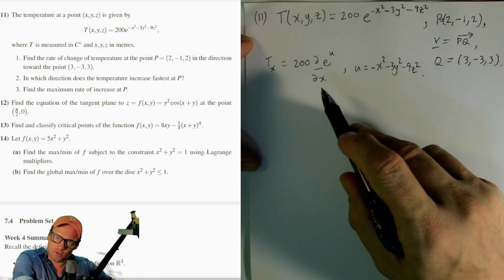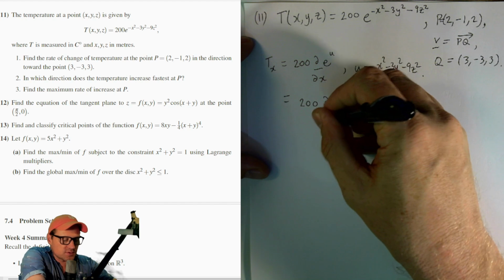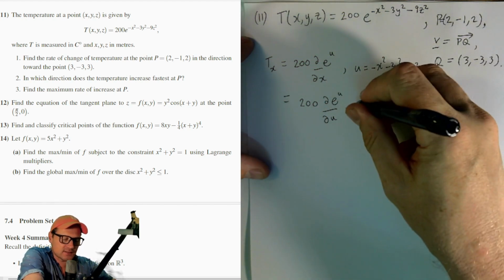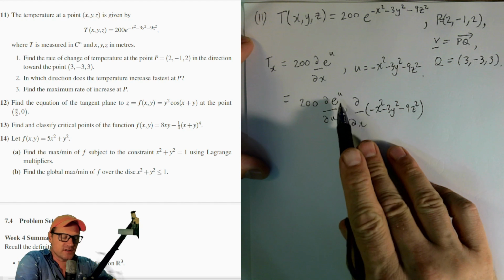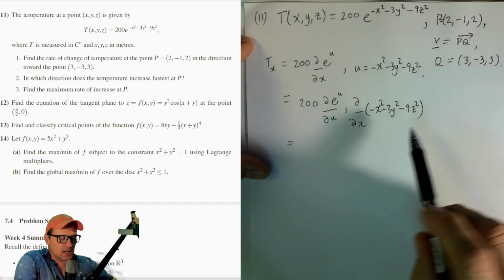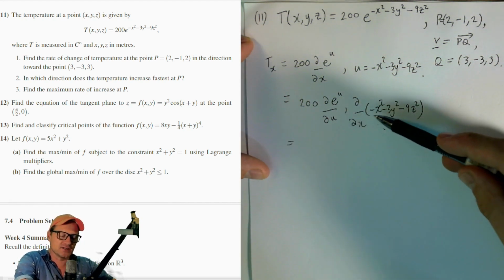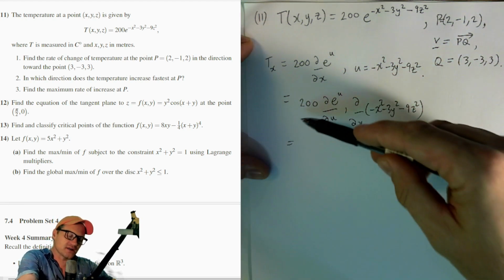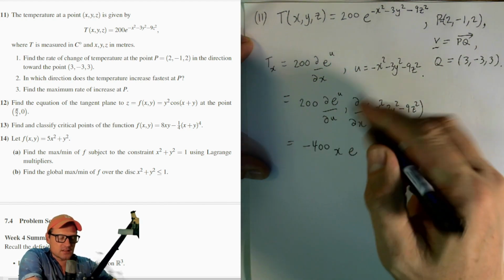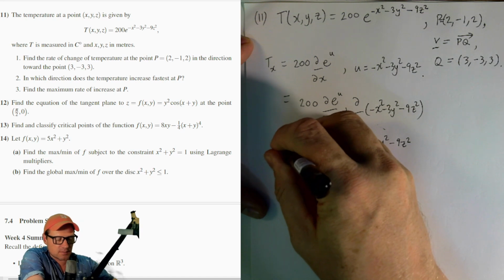We need the chain rule for this one: 200 times the derivative of e to the u with respect to u, times the derivative of u with respect to x. The derivative of e to the u with respect to u is e to the u, and differentiating u with respect to x, we get minus 2x. We can bring that minus 2x out in front. So minus 2 times 200 is minus 400, and then times e to the u, but u is this. So there's T subscript x.